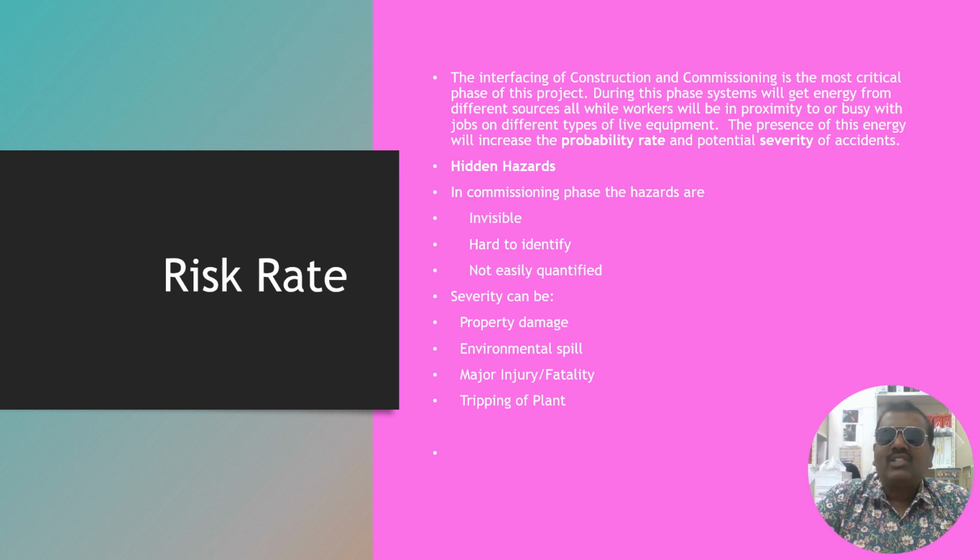Once the construction team has completed about 60% of their work, the commissioning team will enter the project. In a power plant or whatever industry, that is common. That will be the most critical phase of the project, because two separate teams are entering the project.